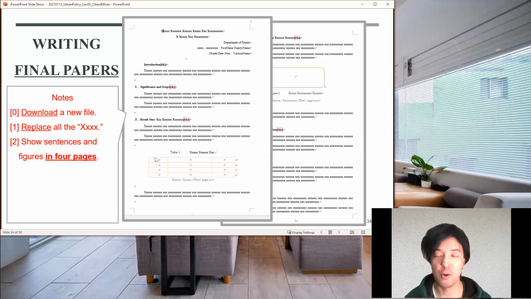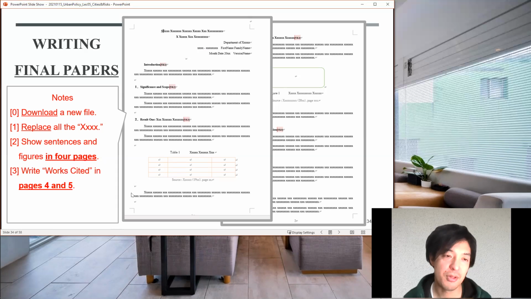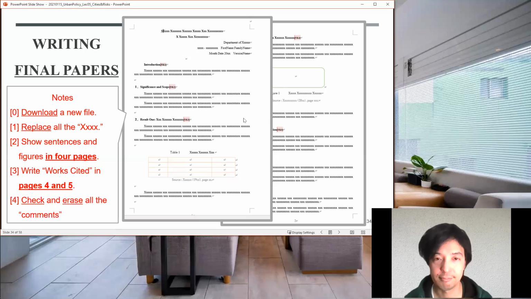This final paper is where you do that. For the first time, you will have enough space to show the detail of your ideas. Three, write the works cited corner in pages 4 and 5. Four, check and erase all the comments.